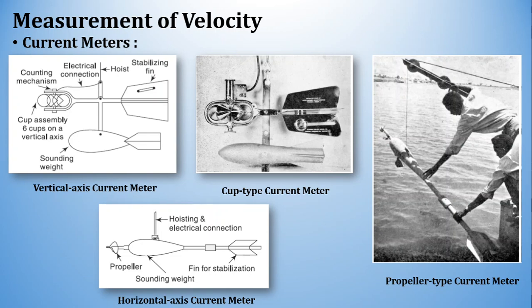With the help of this assembly, when these current meters are inserted into a flowing stream, they measure the velocity as a function of rotation of the propeller, which in turn is recorded by means of calibrating these instruments.